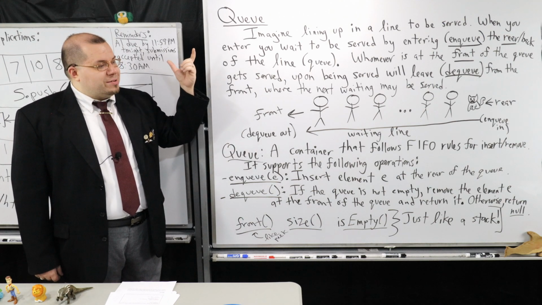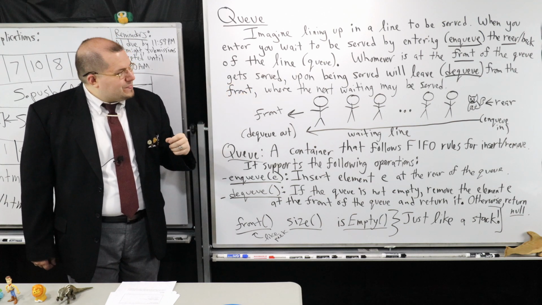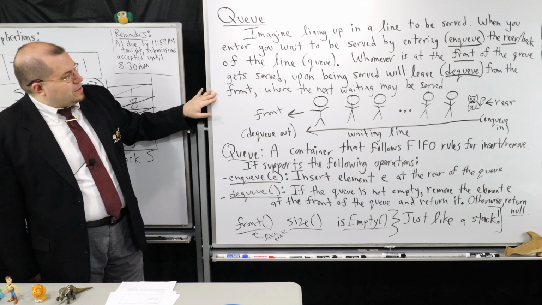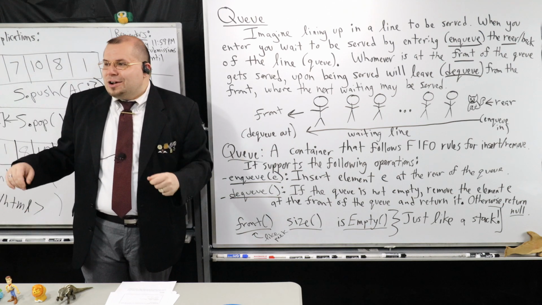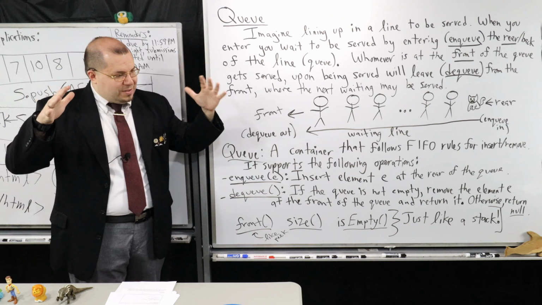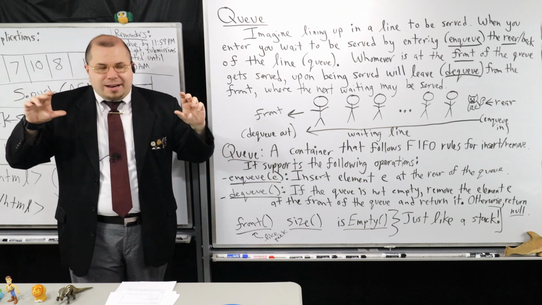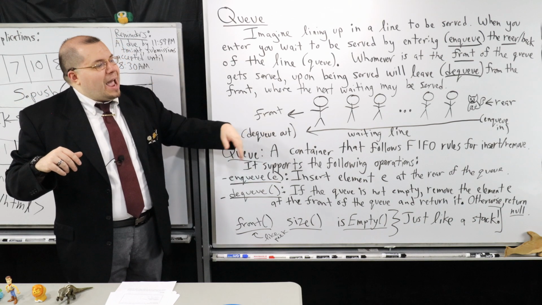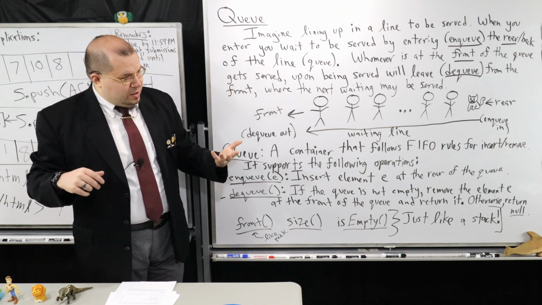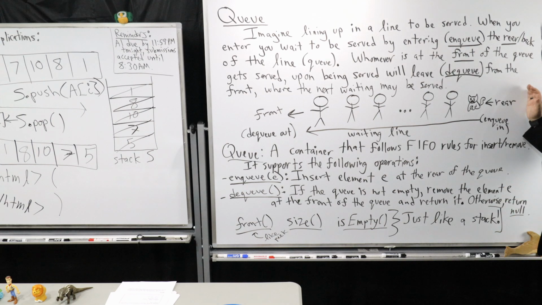And this is what I'm going to refer to as DQ. If you leave the line, you're being DQ'd from the front. Unlike a stack, where I always perform insertions and removals at the top of the stack, I'm going to imagine this top of the stack now being the front of the line, and then I'm going to have the rear or back of the line, where my lovely friends can come in and wait their turn to be served.